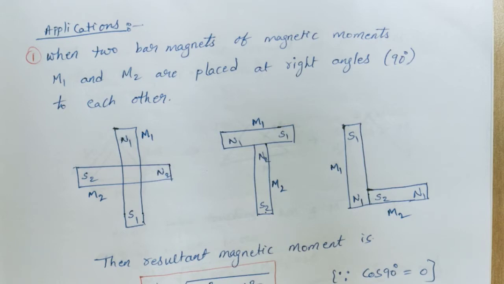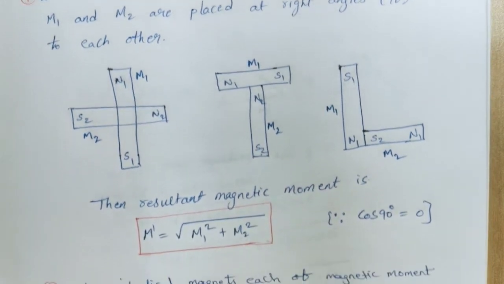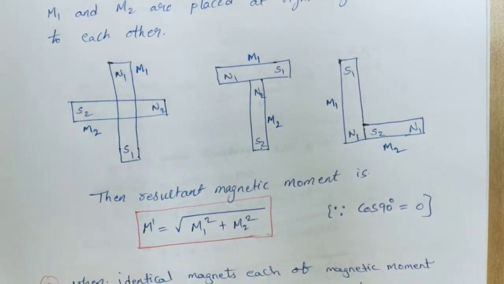In this situation we want to find the resultant magnetic moment. The resultant magnetic moment is represented as m dash is equal to root over m1 square plus m2 square only. See what the formula is, students: m dash is equal to root over m1 square plus m2 square.